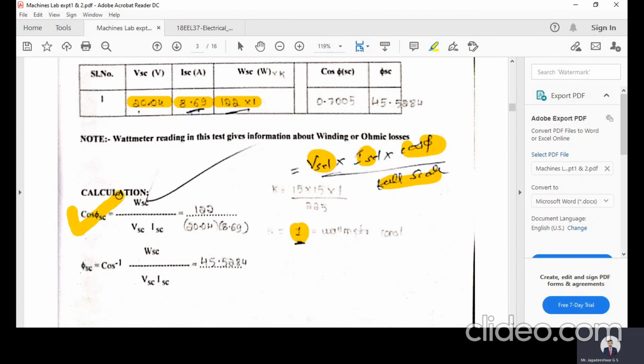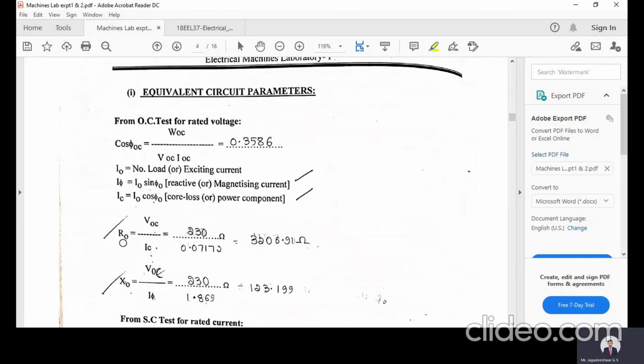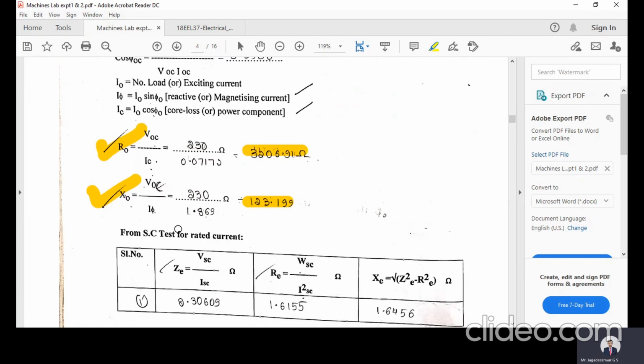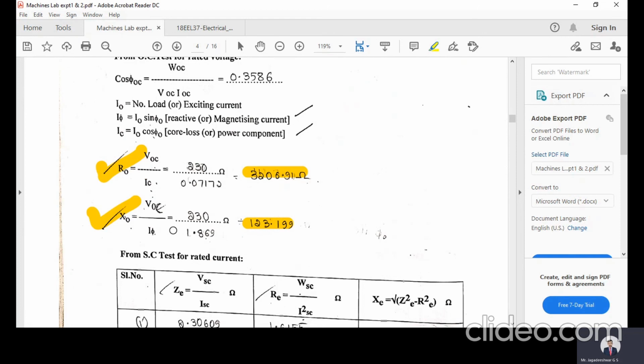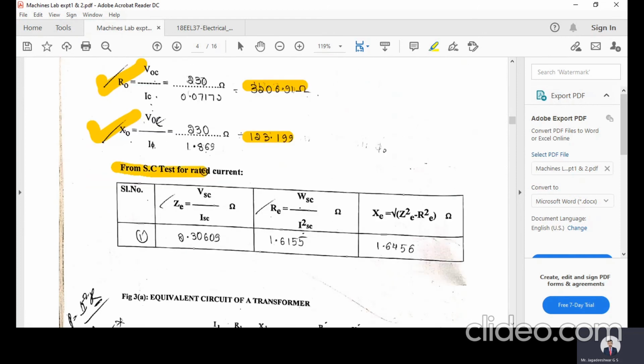Then you can calculate cos phi SC and phi SC. Using these you can calculate R0 and X0. Here in this case it is 3206 ohms and 123 ohms. So these are the shunt components we have calculated.